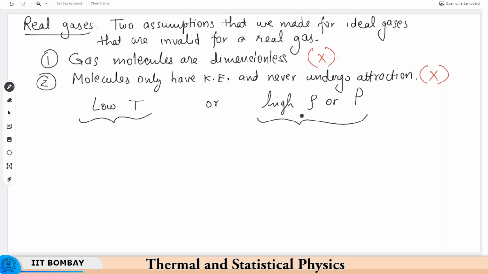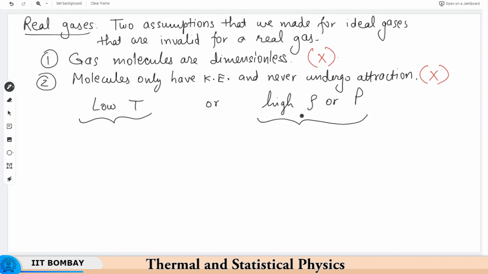So remember, when we say that gas molecules are dimensionless in the ideal case, what we basically assume is that the size of gas molecules is much smaller than the typical intermolecular spacing, right?